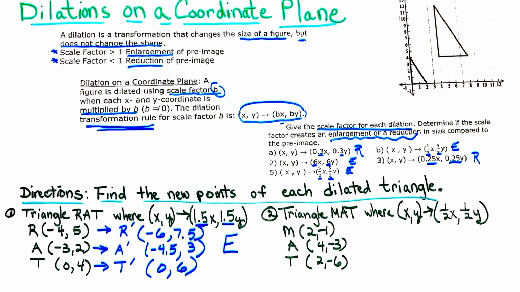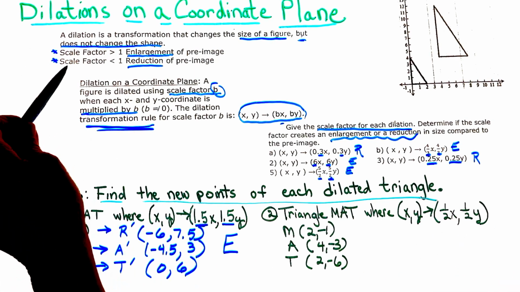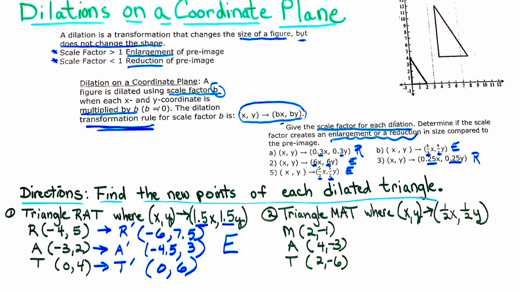All right, let's look at number 2. We have triangle MAT, where our xy rule, this time it's going to be 1/2 x and 1/2 y. Well, I wonder if you're guessing that, yep, this is a reduction, because look at our scale factor. It's less than 1. So let's see what those points would be.